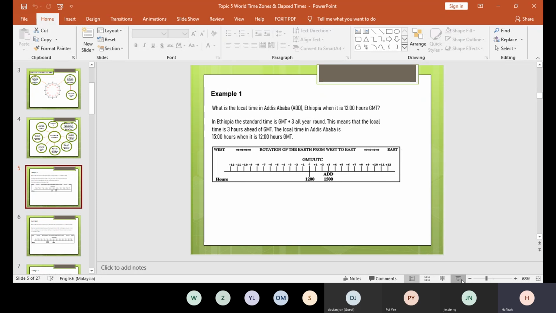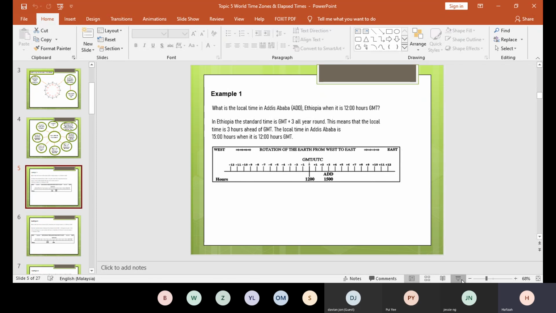We have divided into 24 time zones, from minus 1 until minus 12 and plus 1 until plus 12. Each country, like Malaysia for example, has GMT plus 8.